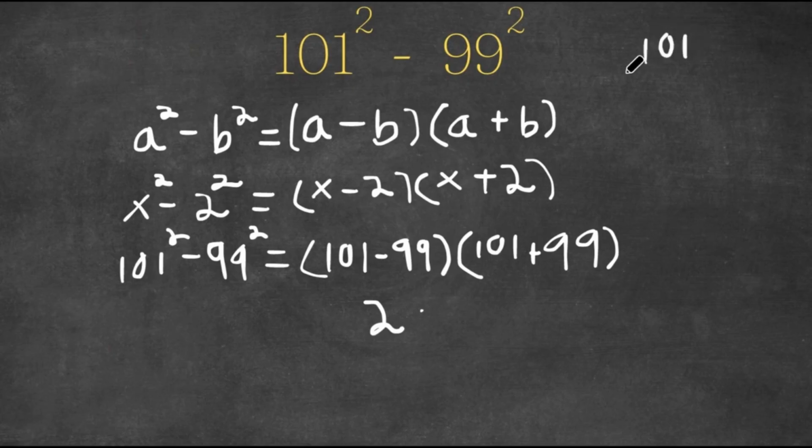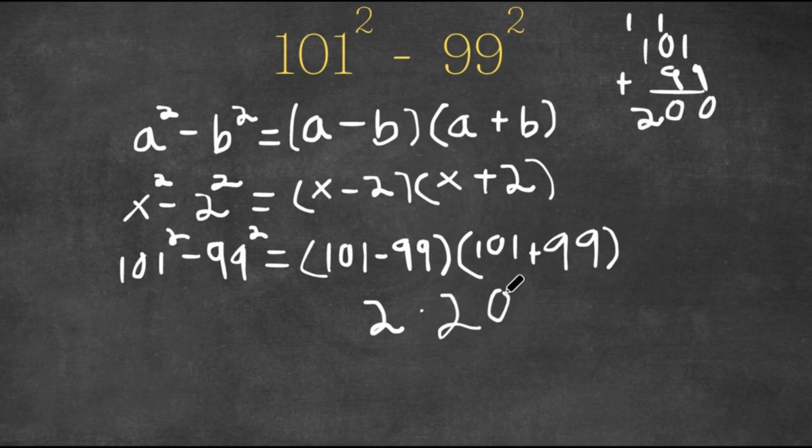This is, we carry the 1, carry the 1 again, and 1 plus 1 is 2. So this would be 200. So we have 2 times 200, and that is simply equal to 400.